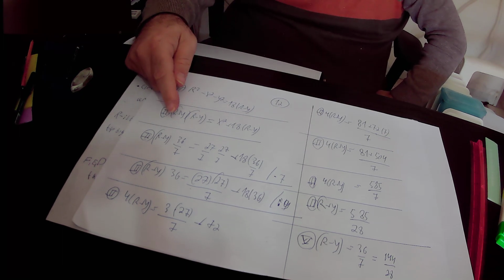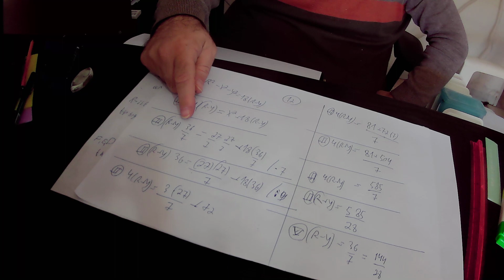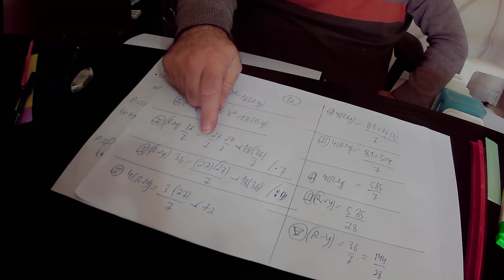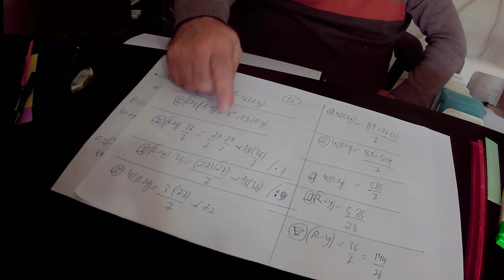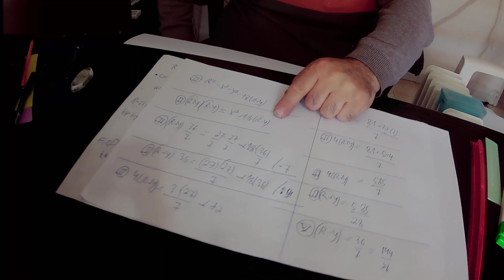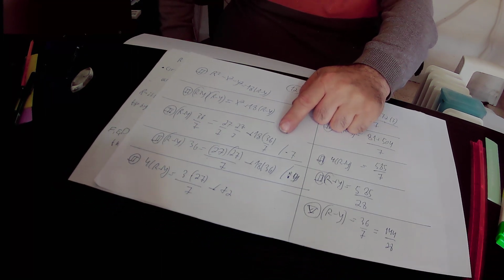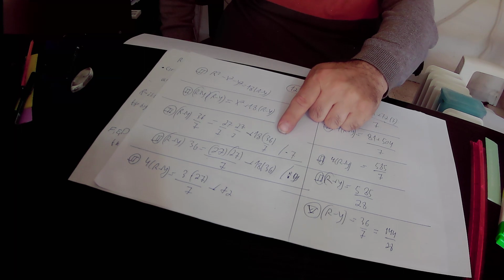Here we substituted r minus y by 36 over 7, and we substituted x by 27 over 7, and we got that r plus y times 36 over 7 equals 27 over 7 times 27 over 7, plus 18 times 36 over 7.